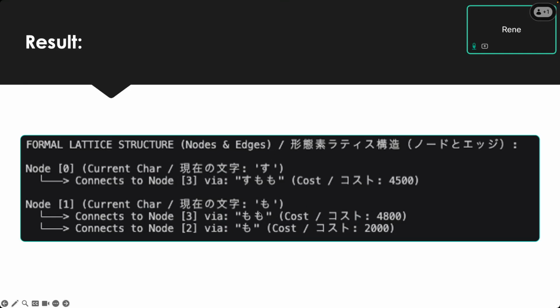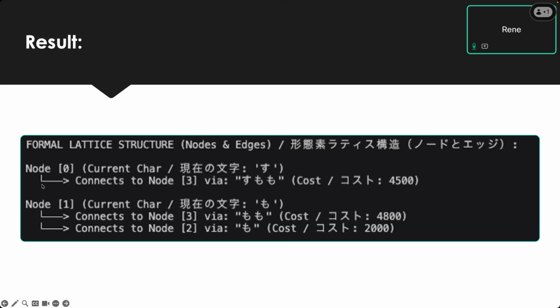We have mo. As you remember, mo has a lot of iterations in this sentence. So what lattice does is give you every single option of where mo is in a word. For example, in this case, we have momo and we have mo. So after getting all of the instances, all of the patterns that a word can have inside a text, Viterbi, another algorithm, comes and just starts checking.